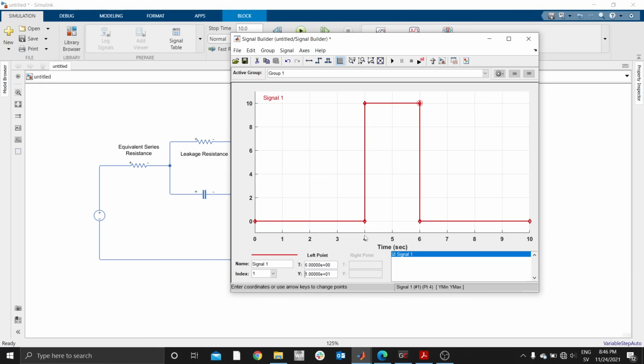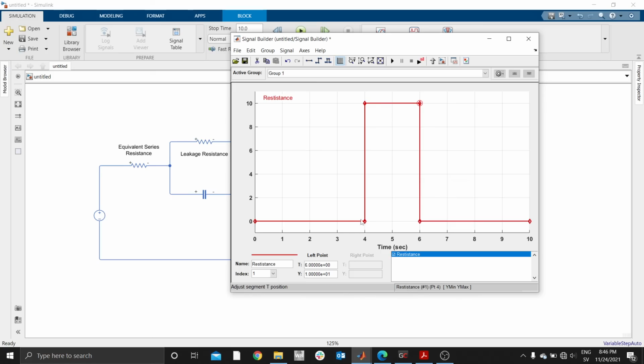This means at time 4 to 6 seconds, the value, I'm assuming this one is my resistance. I'm assuming, therefore, from 0 to 4, we'll have a 0 resistance.